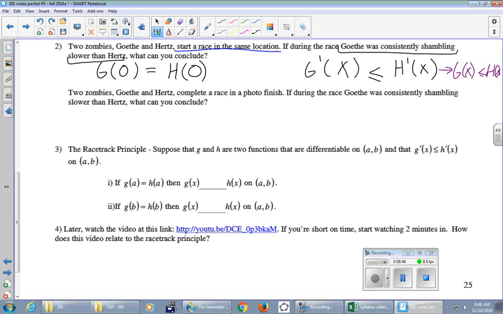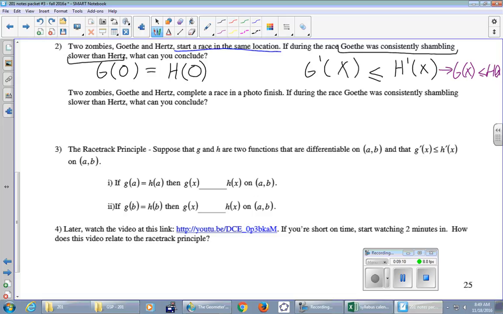Okay, so that's fine. And then on the other side, suppose that these same 2 zombies complete a race and it's a photo finish. But we still have Goethe consistently shambling slower than Hertz, just like before. What does that mean about where Goethe was during the entire race? Winning or losing? Must have been winning the whole time, right?